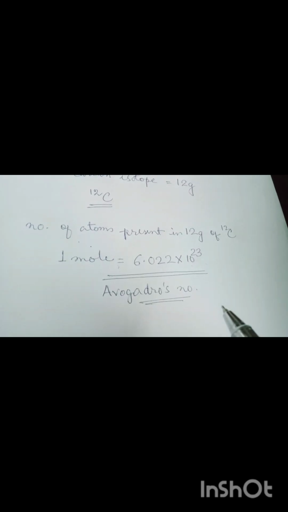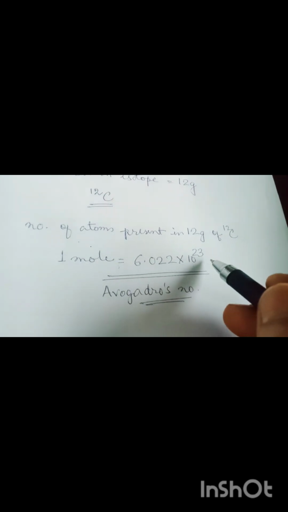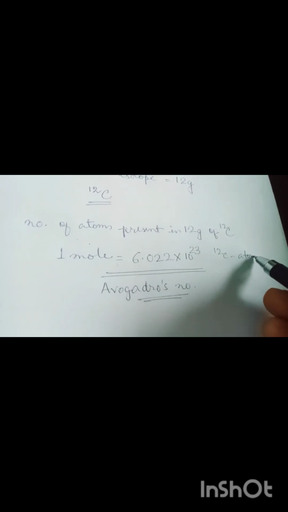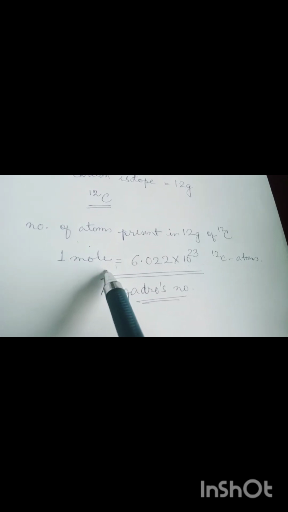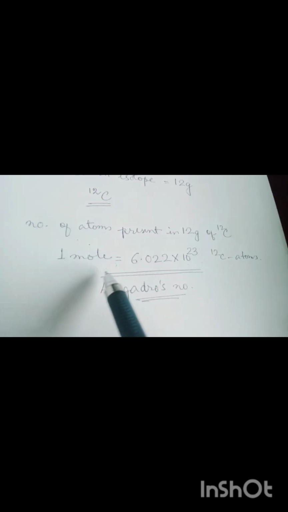Therefore, it can be written as 1 mole is equal to 6.022 into 10 to the power 23 carbon 12 atoms. So whenever we say 1 mole substance, that means that substance contains this number of atoms or molecules or ions in it.